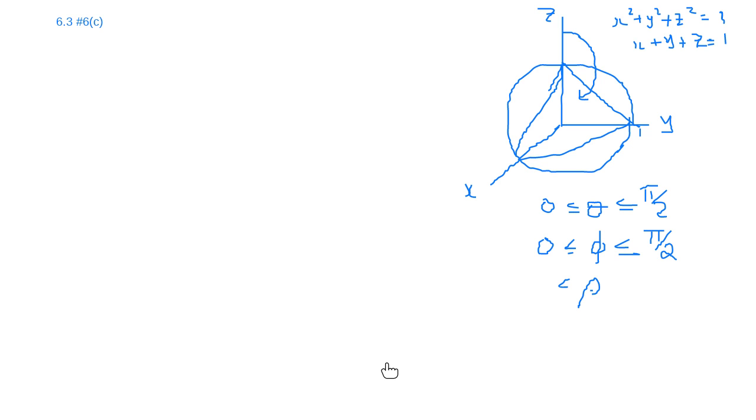Right, so finally, you have to say what the parameters for rho are going to be. Rho, well, it ends, remember, it's inside this sphere. So it has to end at 1.